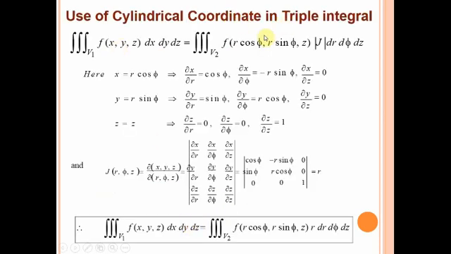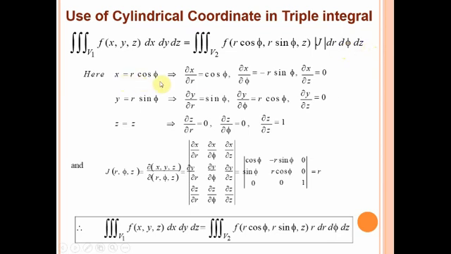Now, the use of cylindrical coordinates in triple integration: f of x y z dx dy dz will be converted to a triple integral f of r cos phi, r sin phi and z, and the Jacobian of dr d phi dz.